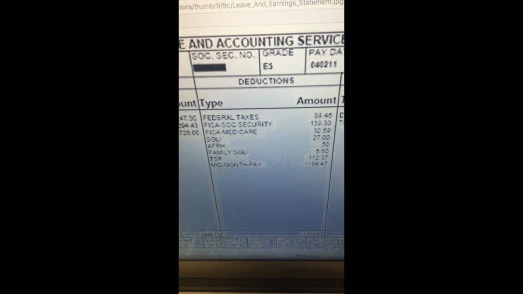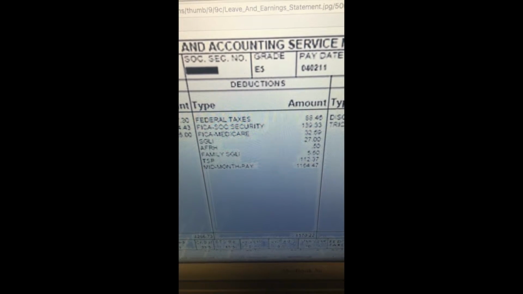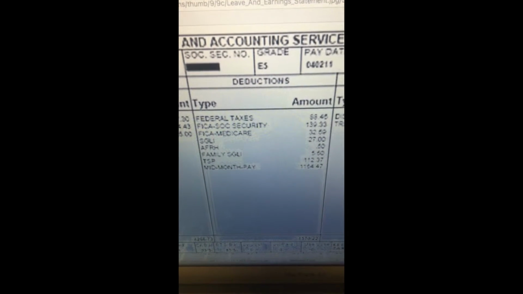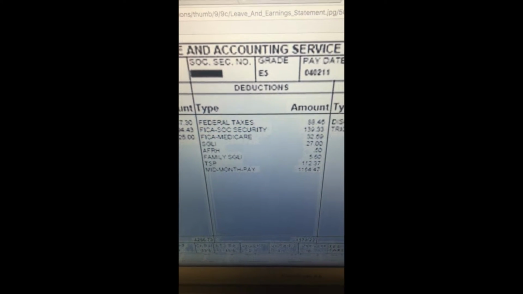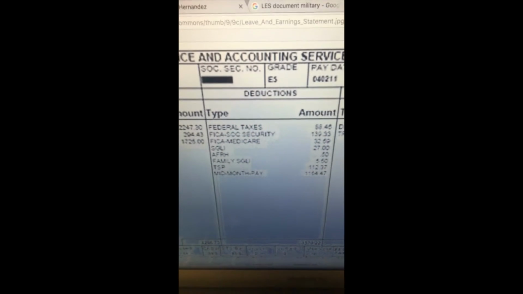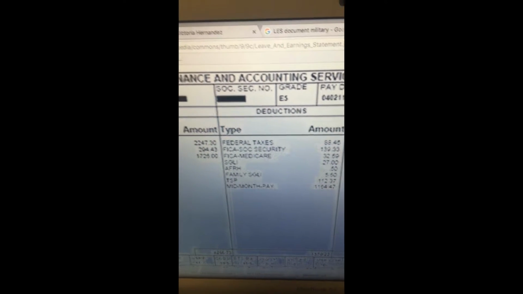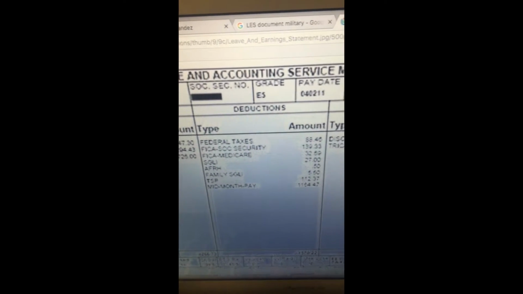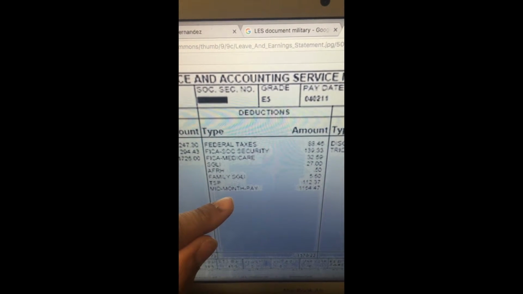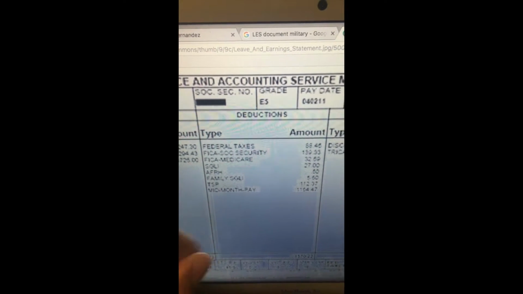In the deduction section, you have the money that's taken out of your paycheck every month. So you have your federal taxes, insurance for FICA, and then if you're ever overpaid on one LES, a deduction for that will pop up on your next LES.